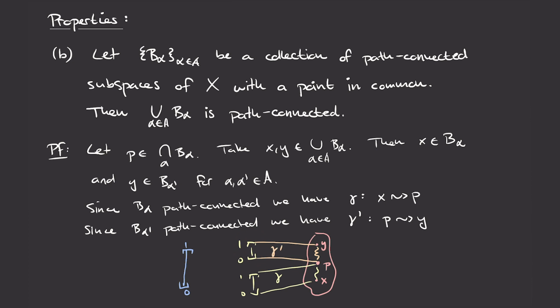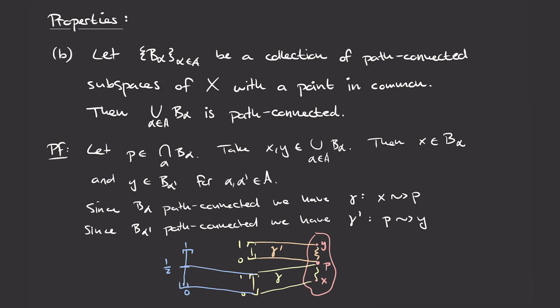So here this is gamma prime. Okay, so we just split the unit interval in half. And now we map 0 to 0 and map 1/2 to 1. And in the middle here, we just extend linearly.